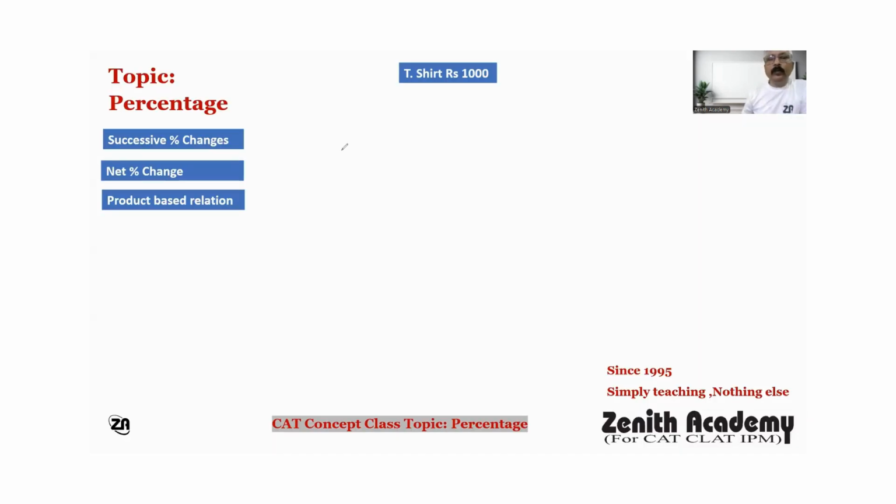So suppose the value of a product is increased by 20%. So the new value of the product will be 120% of X. So by how much percent should it be decreased so that the final value is equal to the original value?